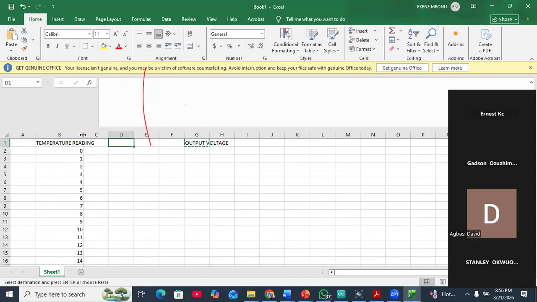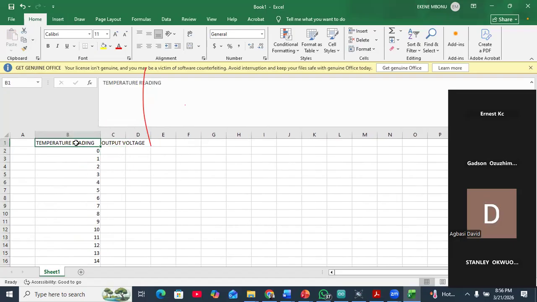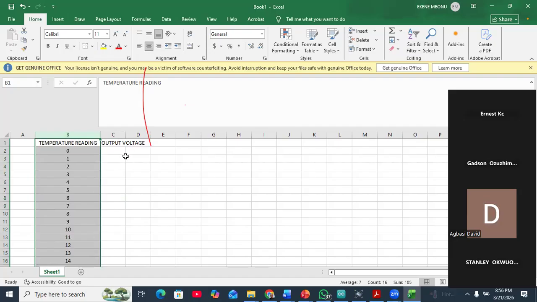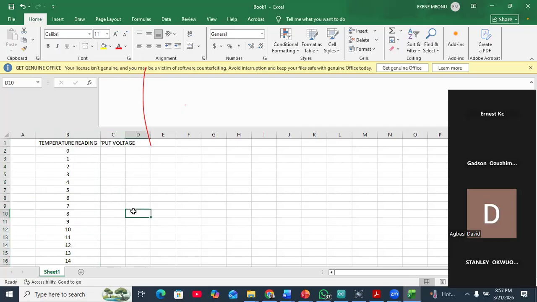We can centralize this reading. Also centralize this. So let's work with reading 0 to this.